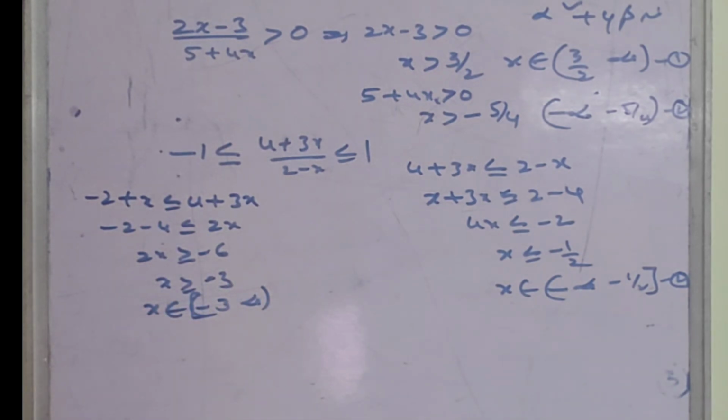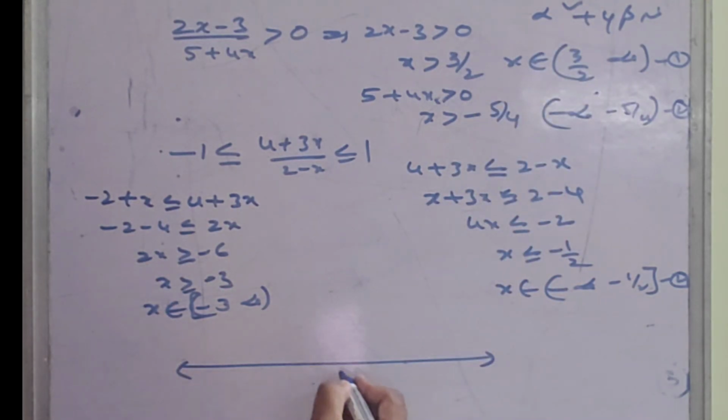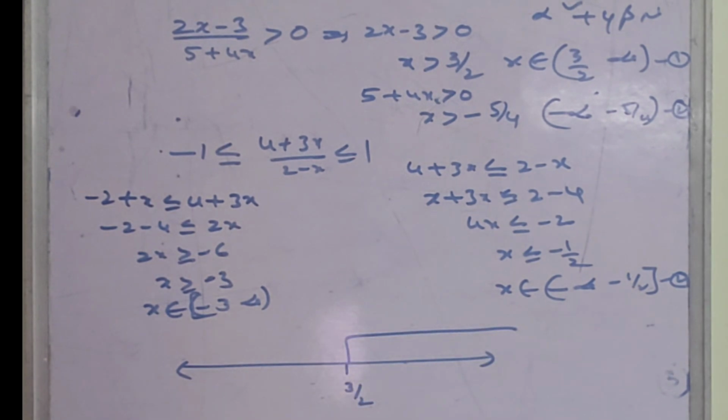Now finally, on the number line: 3 by 2 to infinity is the first interval. Then minus infinity to minus 5 by 4. Third, minus infinity to minus 1 by 2.